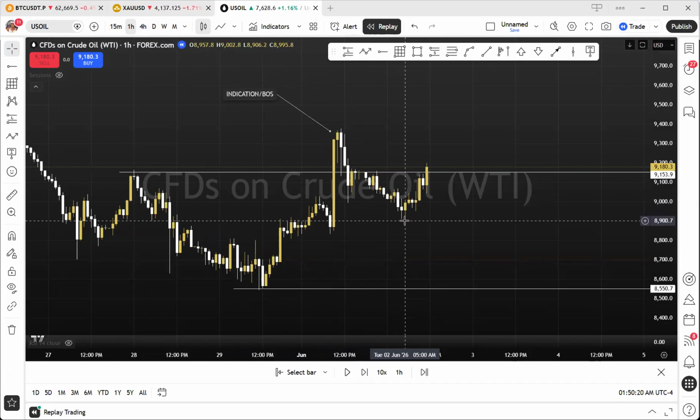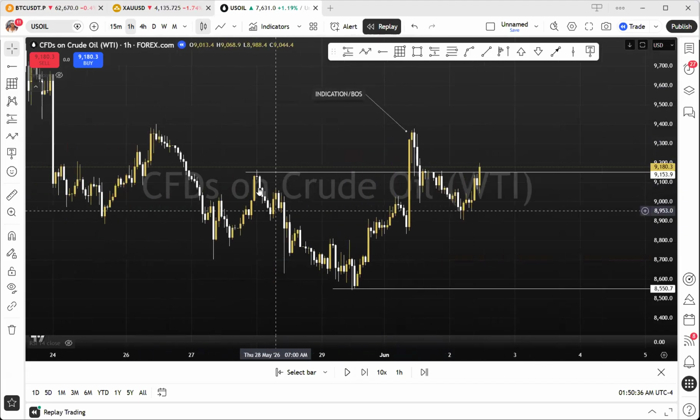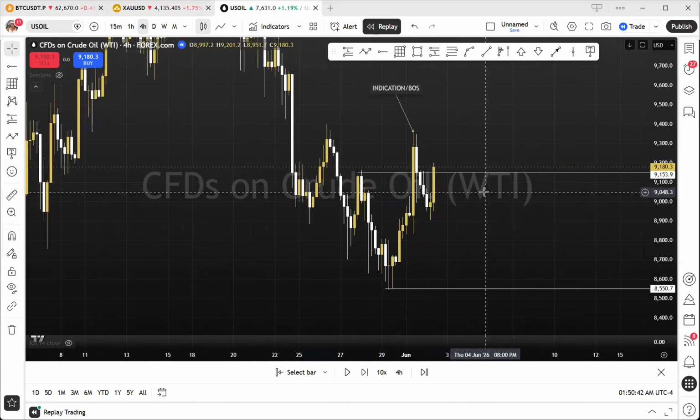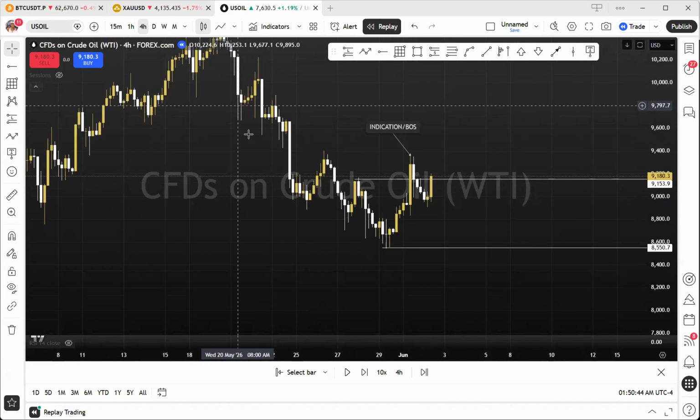You need to wait for price to change from being bearish back to bullish before you can get in on the trade. And you notice that happened here. So it changed from bearish back to bullish and broke with a candle outside the indication line, right? So if you're on the 4 hours, this is what we're going to see.